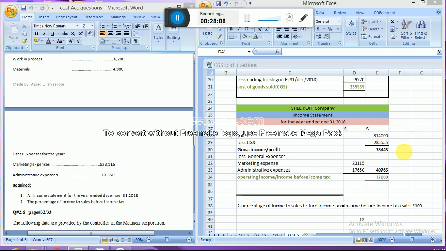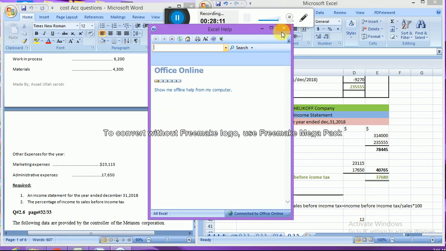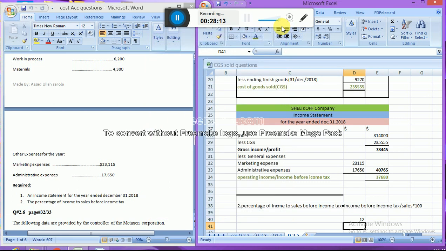So that is equal to 12%. This was our second answer.